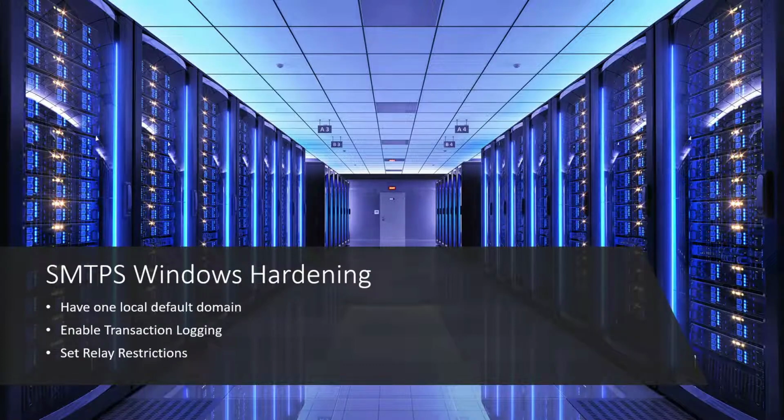So for SMTPS Windows hardening, the first hardening feature is that you can have one local default domain, and how to configure the default domain. The domain is used to stamp messages from addresses that don't contain a domain.